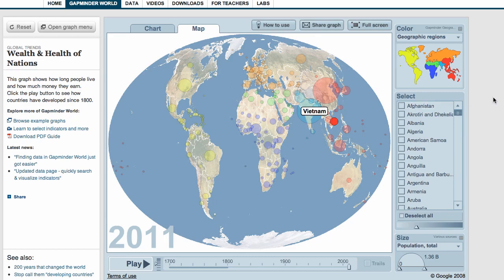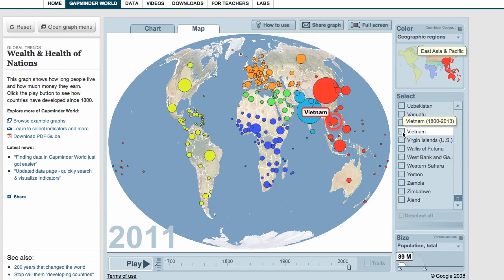So if I turn off Vietnam, now you can see all of them right there. And the size of the circle, here's the United States, is proportionate to the population of the country, and the location of that dot is the geographic center of that country. And so students are now learning geography at the same time.